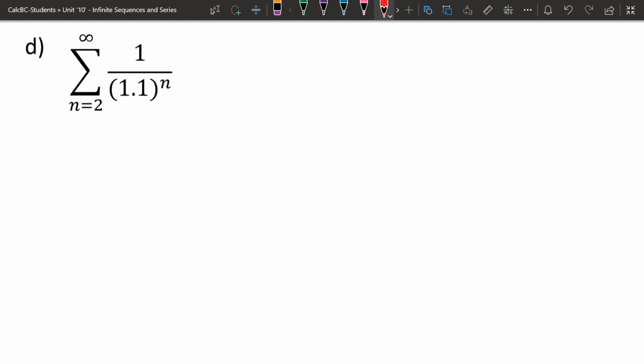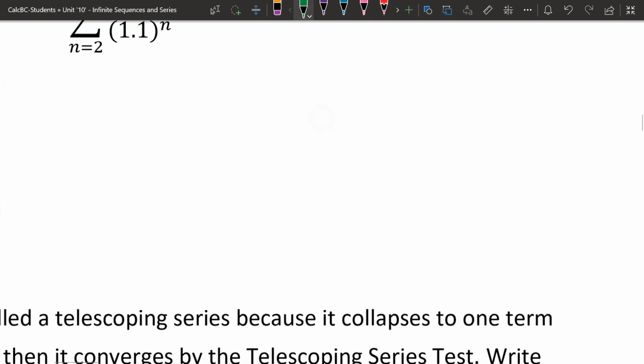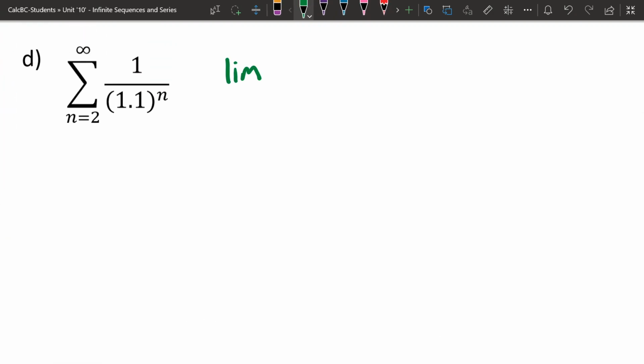Okay, so our series from 2 to infinity of 1 over 1.1 in parentheses to the n power. Let's look at this using our nth term test. So we want to look at the limit as n approaches infinity of our rule. That denominator is an exponential function.